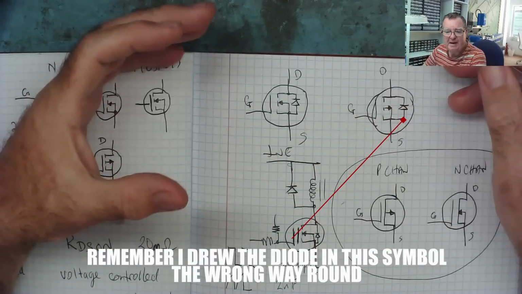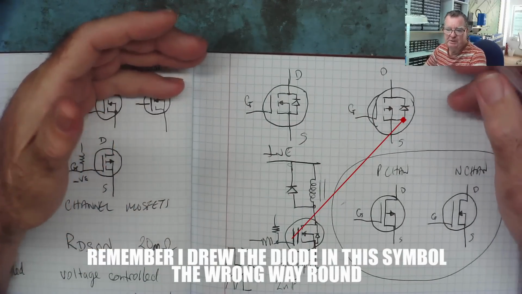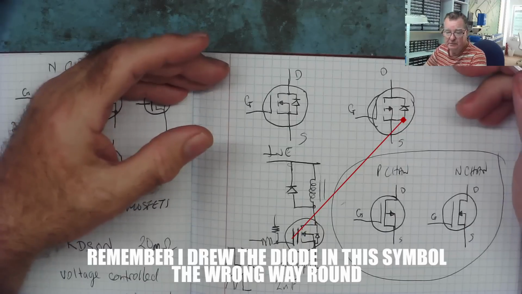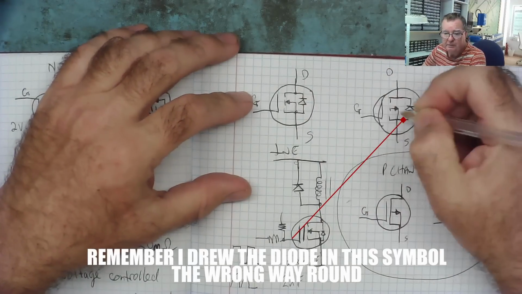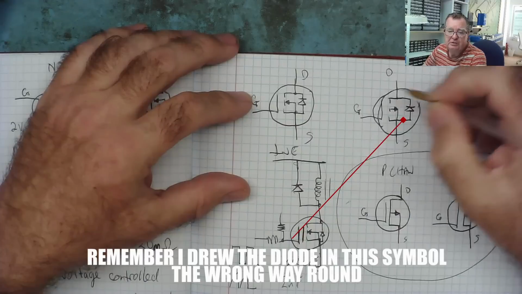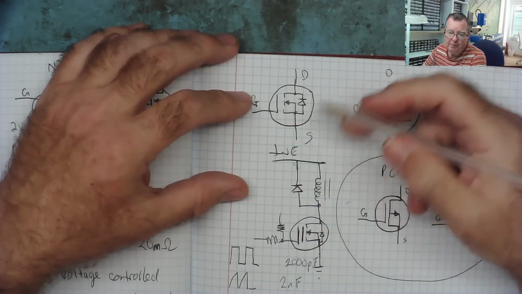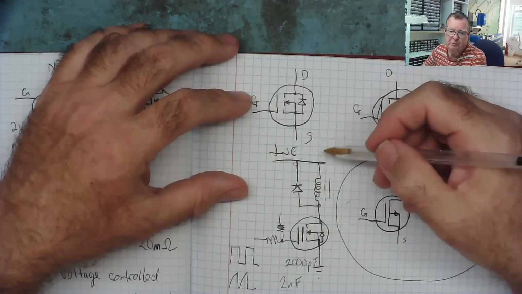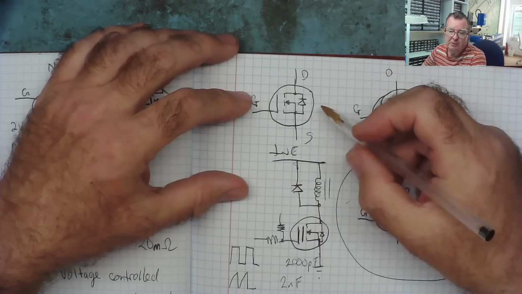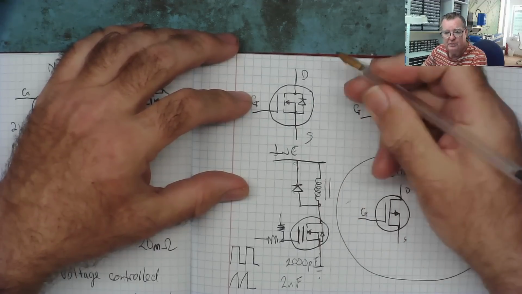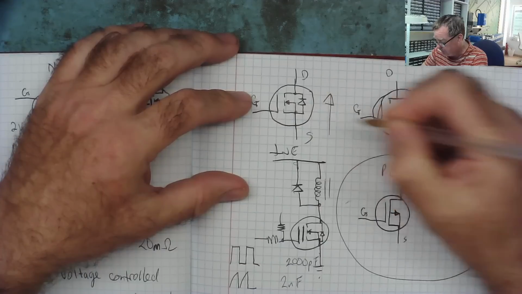As I'm still on this page, I'll just mention something that should be obvious, but maybe isn't. Because a MOSFET has this internal diode built into it, it means that if you apply a reverse voltage between the source and drain, so in other words, the source is more positive than the drain, it will conduct.